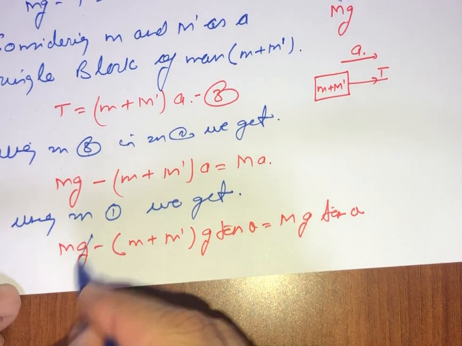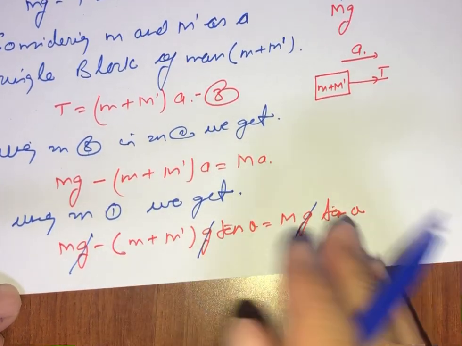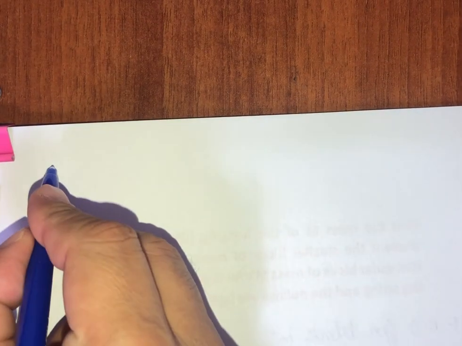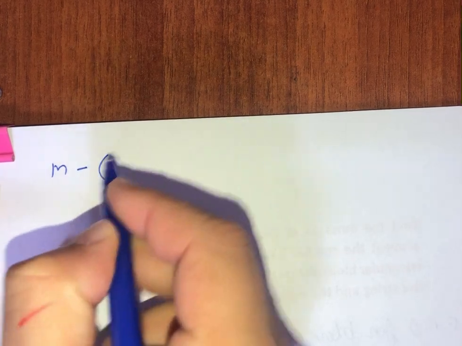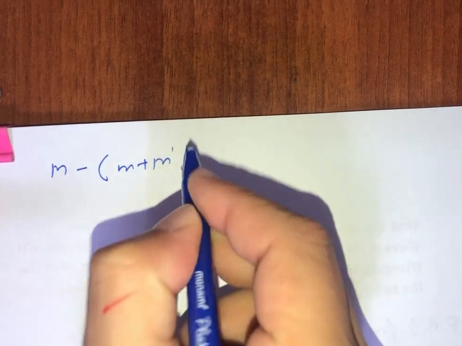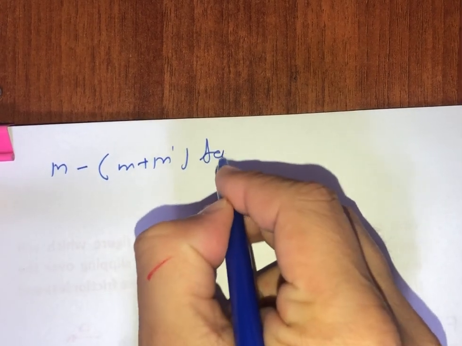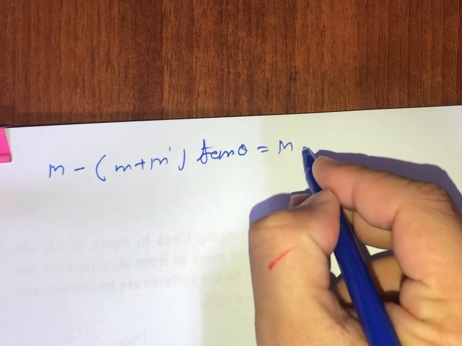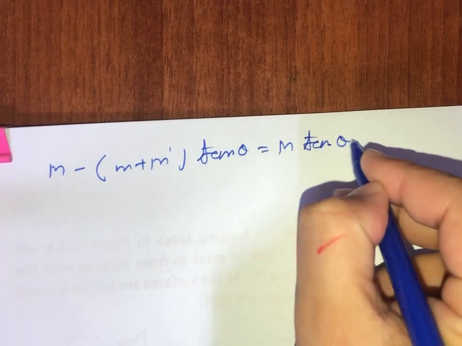So we can cancel g from the entire equation. Let me write this equation again. Here we get M minus (m plus M prime) tangent of theta is equal to M tan theta.